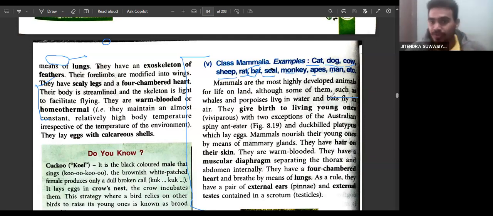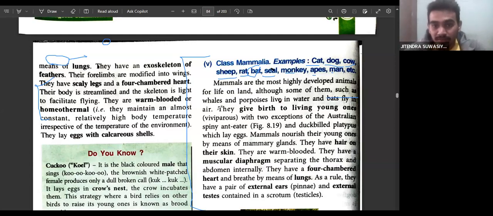And mammals used to dominate the earth because their brain capacity is too much. They can think, they can perceive the environment, and during the evolutionary process their brain also developed, so they can think much better than other animals.